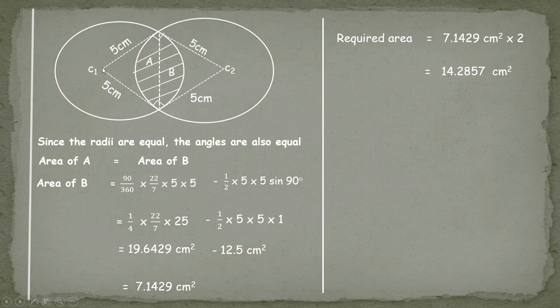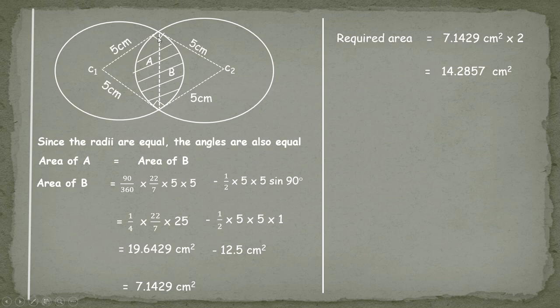If I want the area B, I'm going to get the area of this sector minus the area of this triangle. So area of this sector minus the area of this triangle.